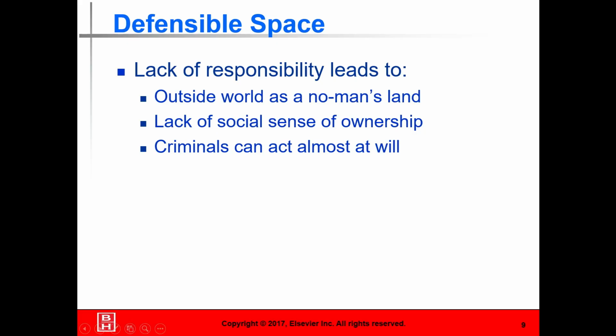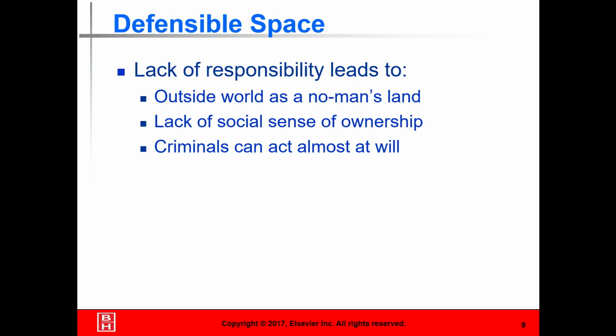Lack of responsibility. Outside world is no man's land. Lack of social sense. And criminals can act almost at will. If you look at crime in some of the major cities, we see this happening more and more. Our neighbors aren't looking out for each other. Everyone's kind of every man for himself. You can look at this in New York, San Francisco, the big cities.